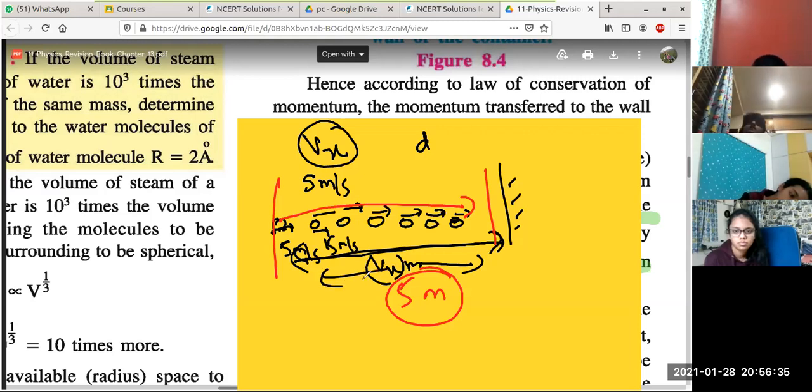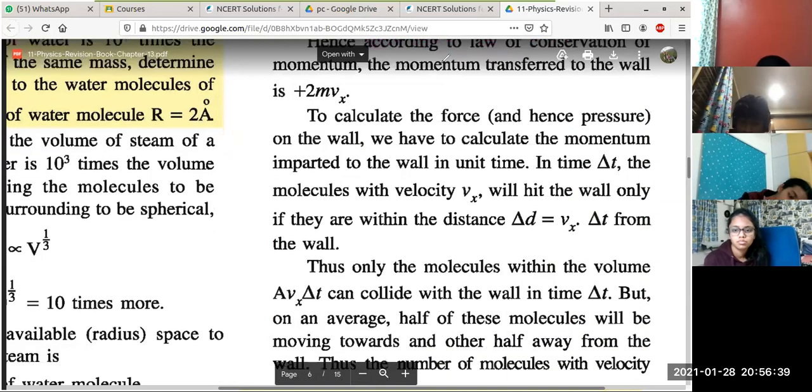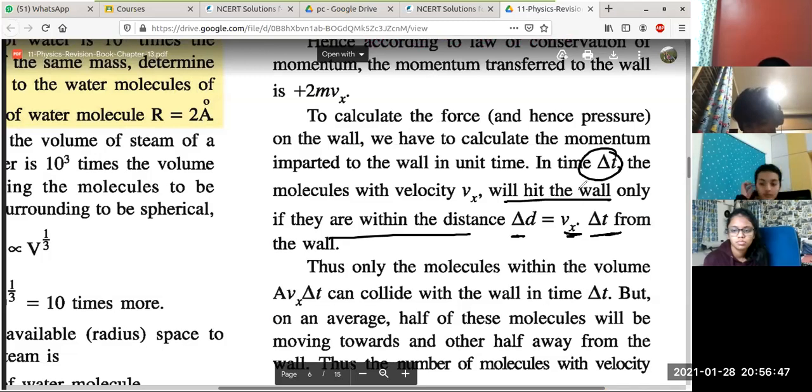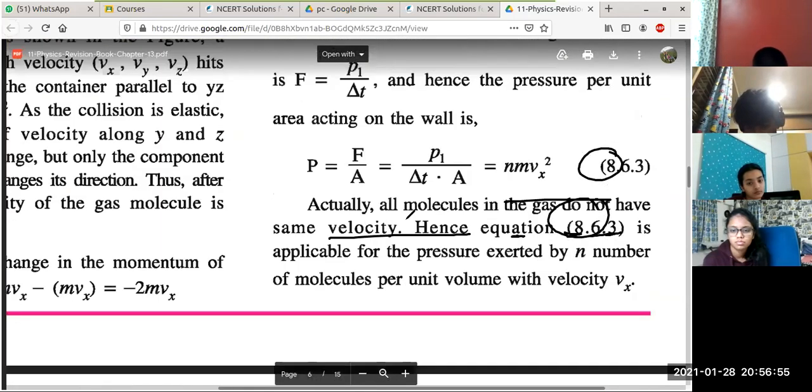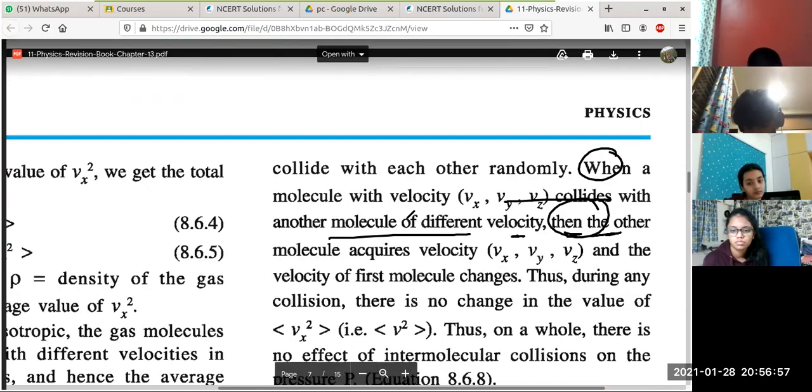So they will hit the wall only if they're within the distance vx delta t from the wall. So if you take time delta t, then the distance is vx delta t, and those within that distance can hit the wall. 1 second.